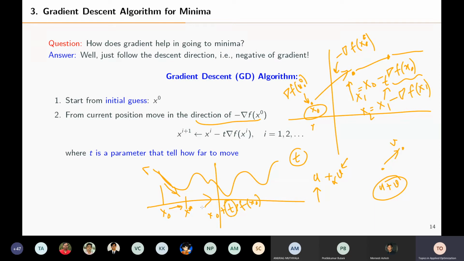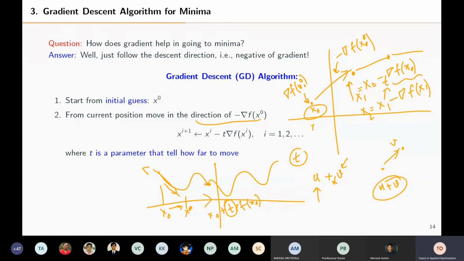In case you take too big a t, you will overshoot the minima that you were planning to reach. The minima was here, but since you took too big a t, you ended up here, which is no longer a minima. Your goal was to reach the minima, but you exceeded it and hit some other place which is maybe not what you wanted.